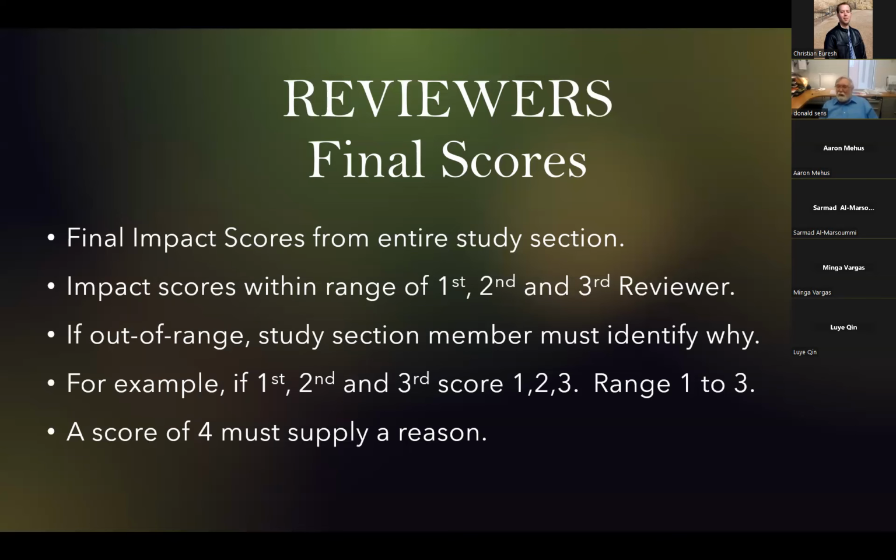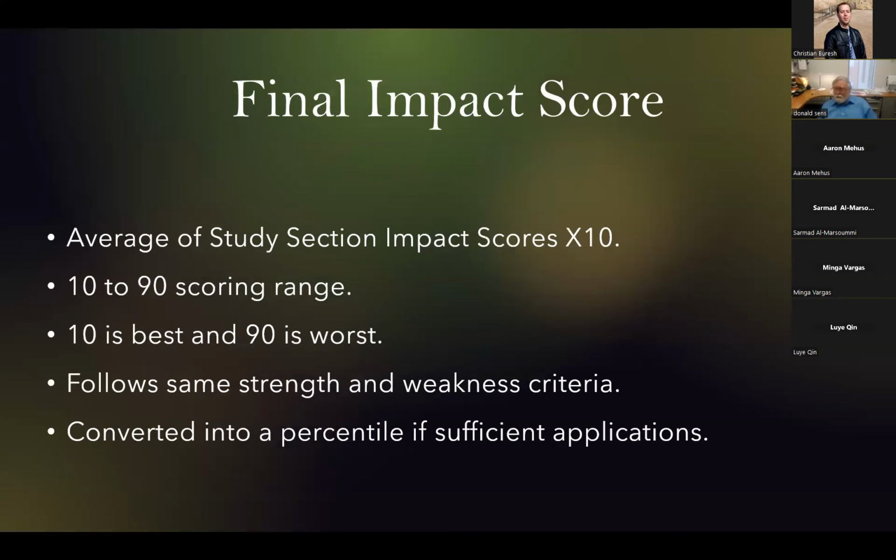Okay, next slide, please. So that final impact score, each member of that study section will give that final impact score. They take the average of that score, take it times 10, and you get a score of 10 to 90, okay? And 10 is your best, 90 is your worst.